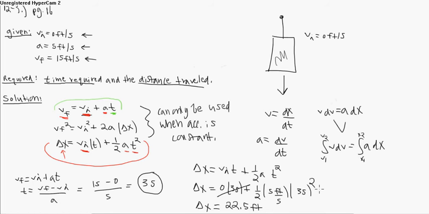And if you want to look at the units, well, let's see. I'll just say forget about the units. So you're going to have 22.5 feet. The reason why I was saying forget about the units, well, I just know that it ends up working.